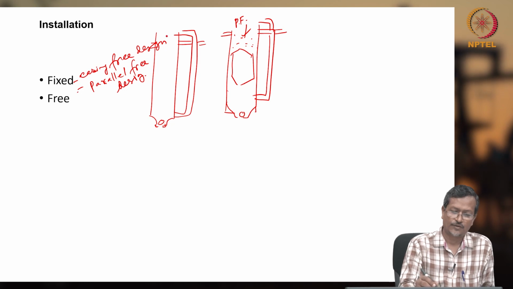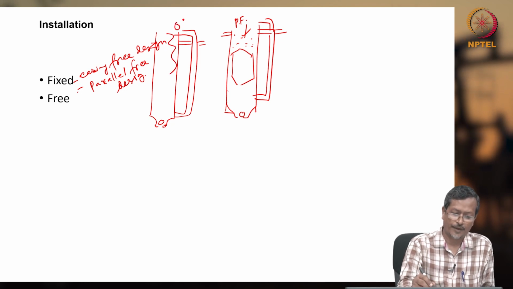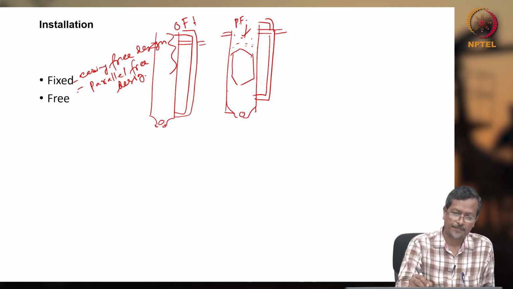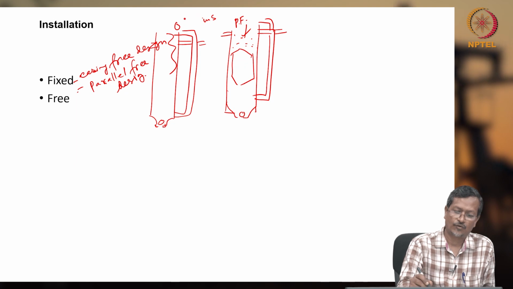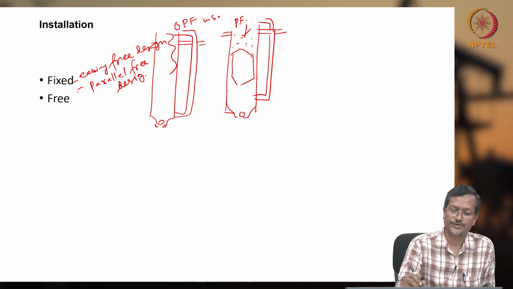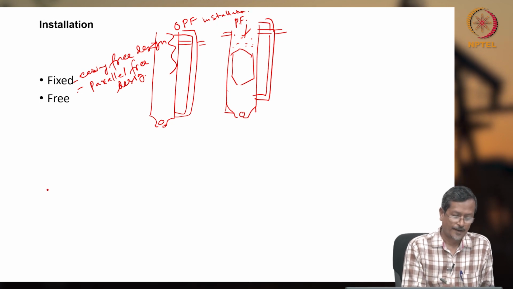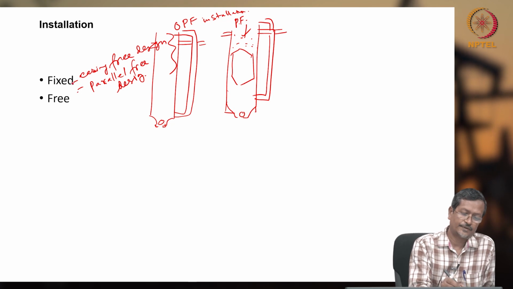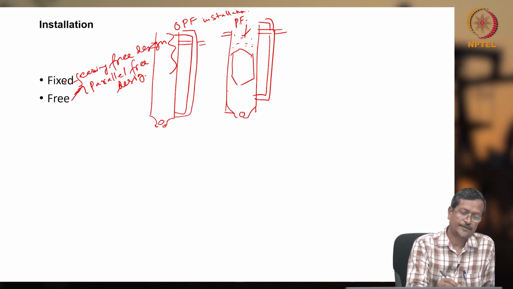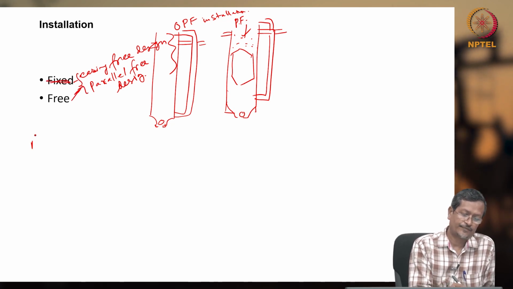So these are OPF installations, open power fluid, right? Open power fluid installation. Okay, these two. And another is fixed, sorry, this is free type, I put it wrongly, and fixed type.